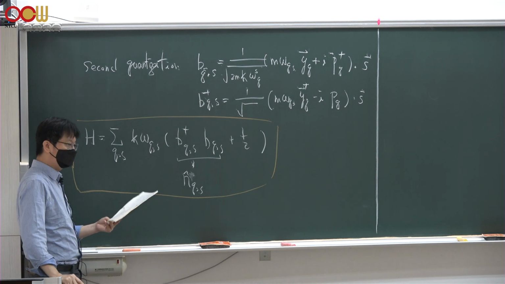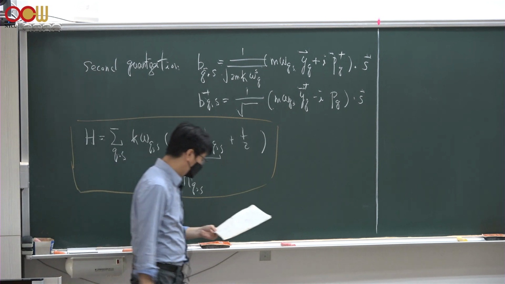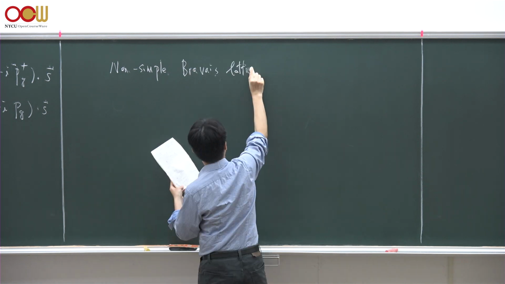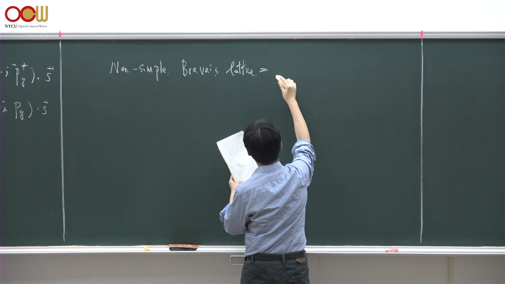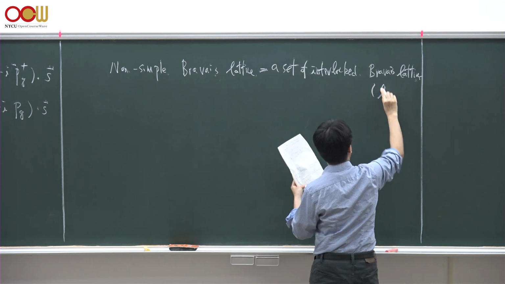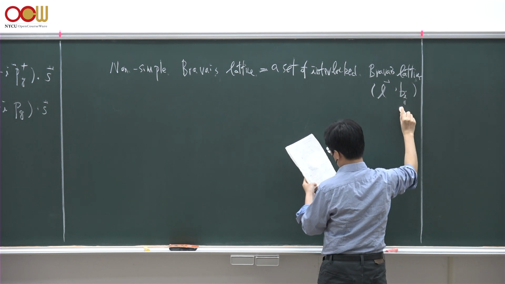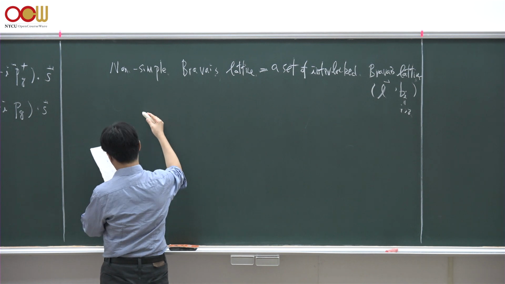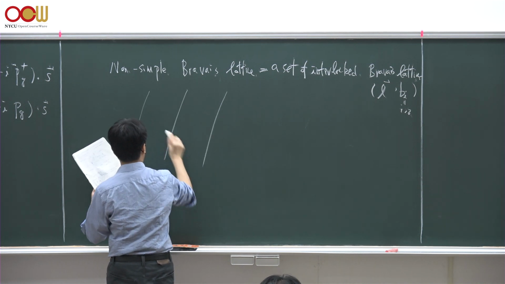But here we could generalize this to a slightly non-simple case. So in the non-simple Bravais lattice, especially in the special case of a set of interlocked Bravais lattices, which we label by L and B_i, where i is 1 or 2, we have such a non-simple Bravais lattice.